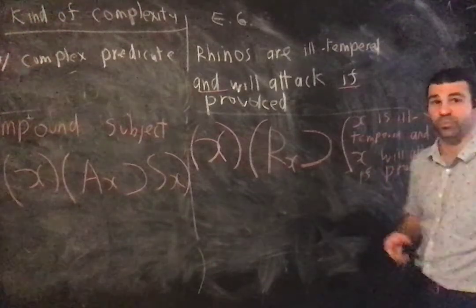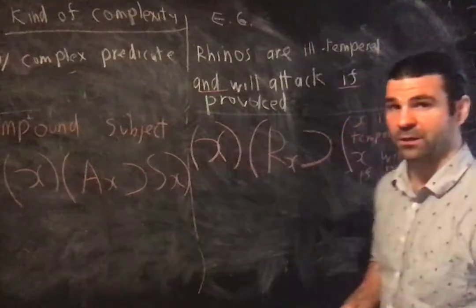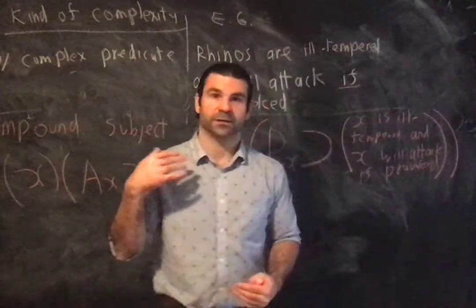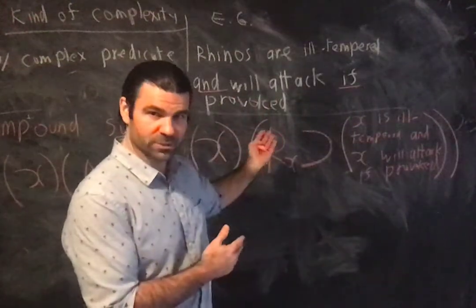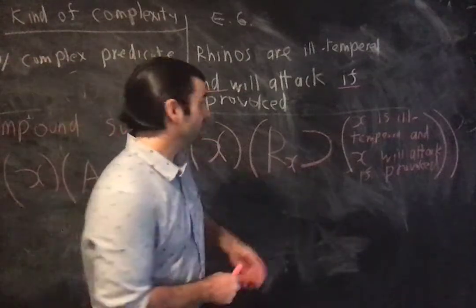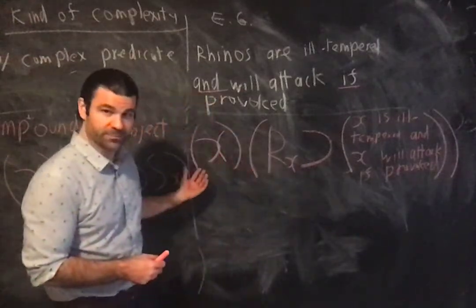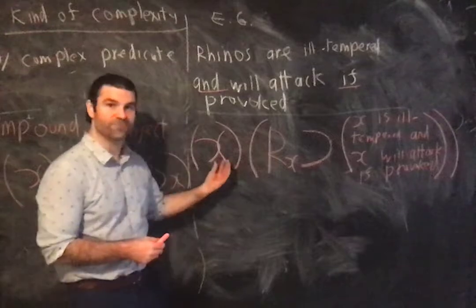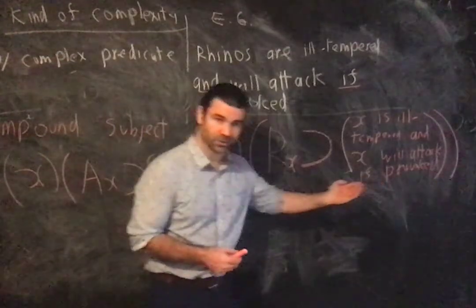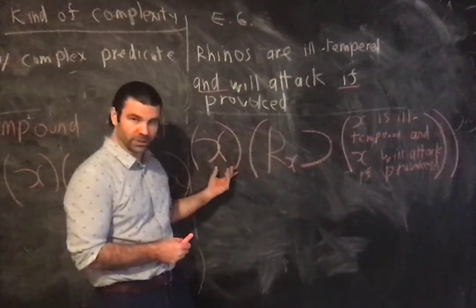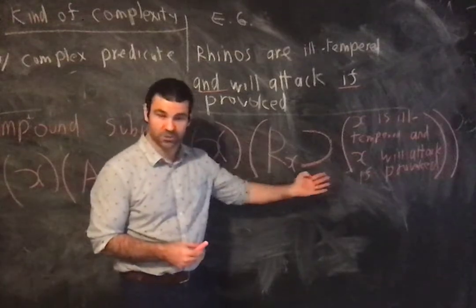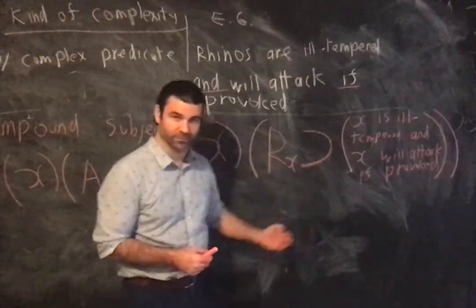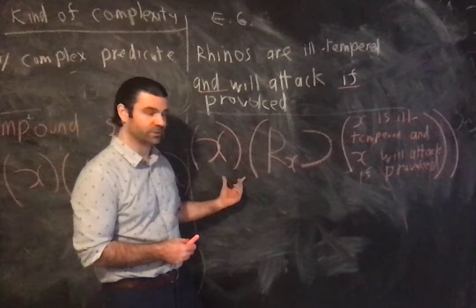Doing these is good practice for getting a handle on the logical forms that you're writing out. Again, you've got to read this such that when you first say for all x, as you go forward in the logical form, you're saying for all x, this is what is true for every single one of them, for everything in the universe.